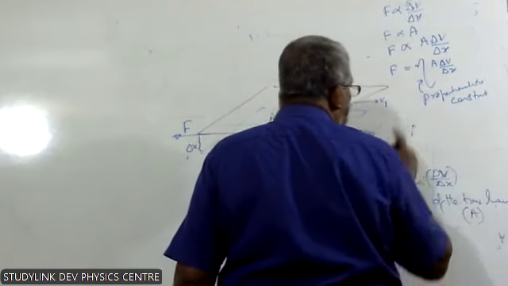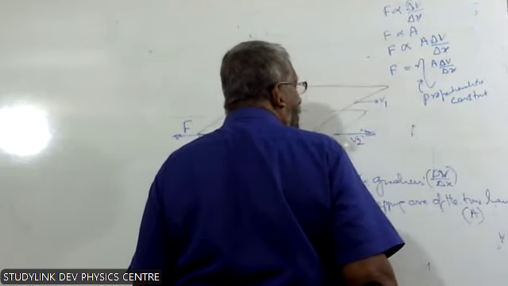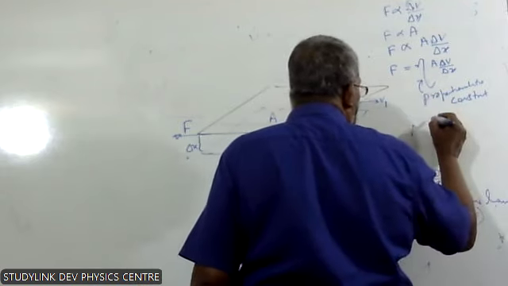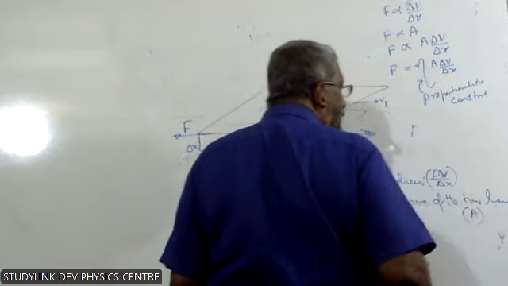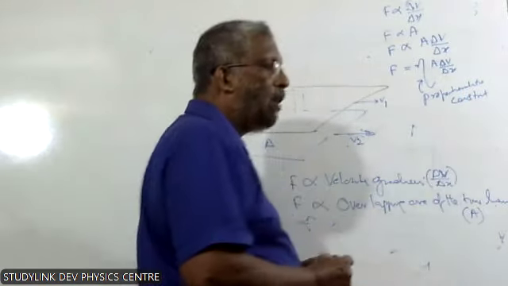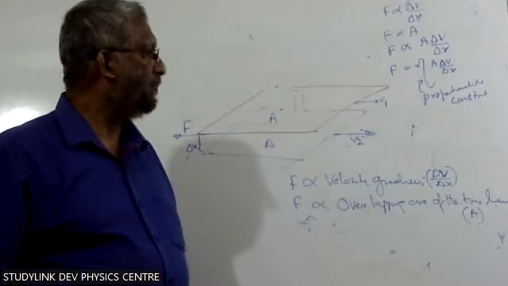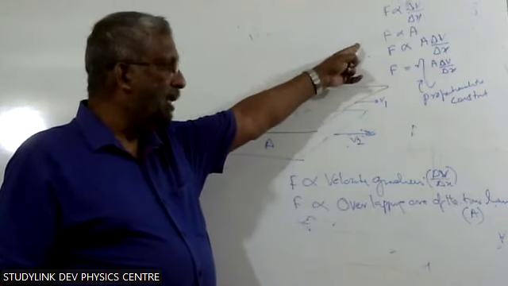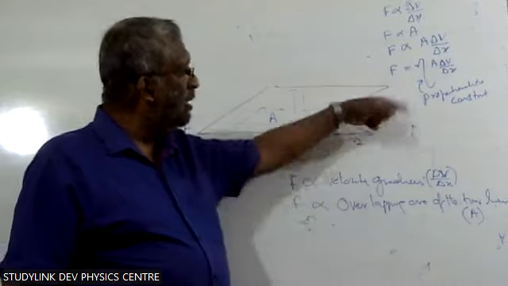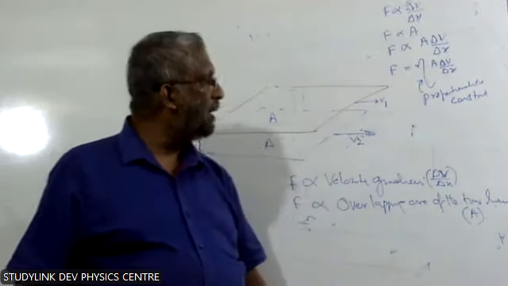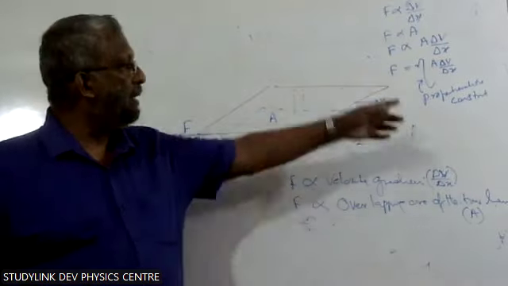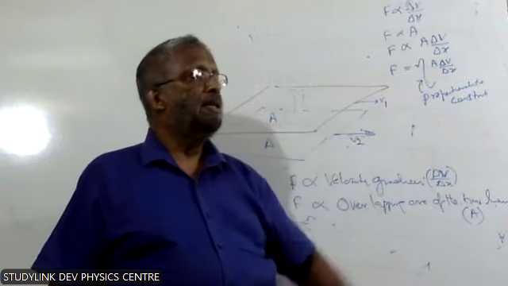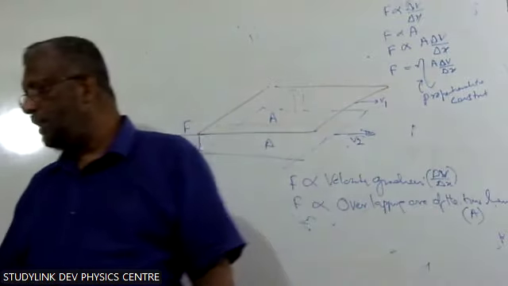This proportionality constant, that is eta, you have to pronounce it eta, is called the coefficient of viscosity. Then we can obtain this equation. Now start from here and complete it. Here the proportionality constant is called the coefficient of viscosity.